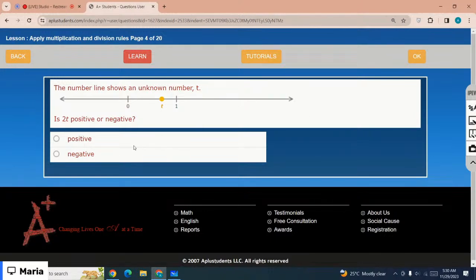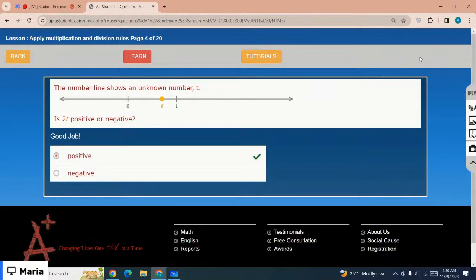No. t is already on the positive side and you're multiplying by 2. 2t is already a positive number, that is positive.